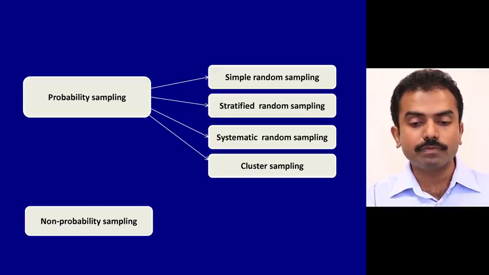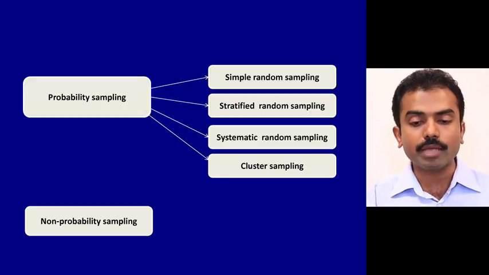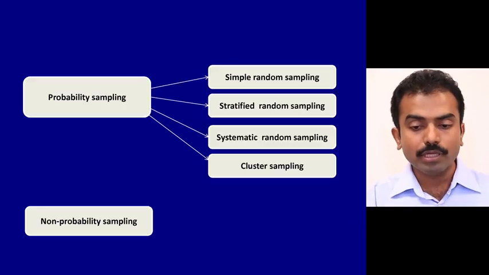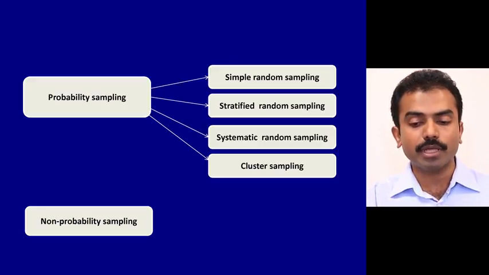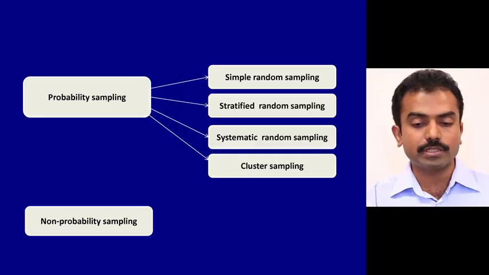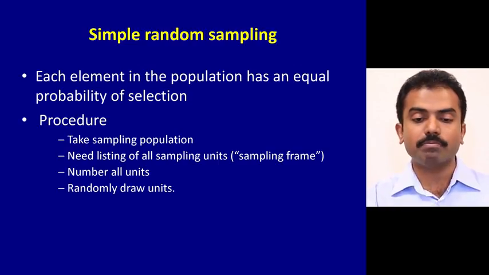In further slides, we will discuss the types of probability sampling. There are 4 types: simple random sampling, systematic random sampling, stratified random sampling, and cluster sampling. And we are going to discuss each of these sampling methods in a little more detail. First, simple random sampling.